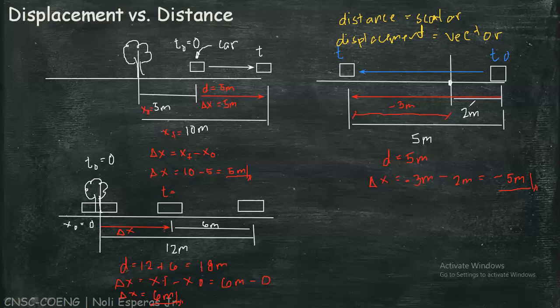And in this case, using the number line, to the right is positive, while going to the left is negative. Therefore, using this convention, our displacement is going to the left, which is the negative direction. And the magnitude of the change in position from its initial position to its final position is 5 meter.